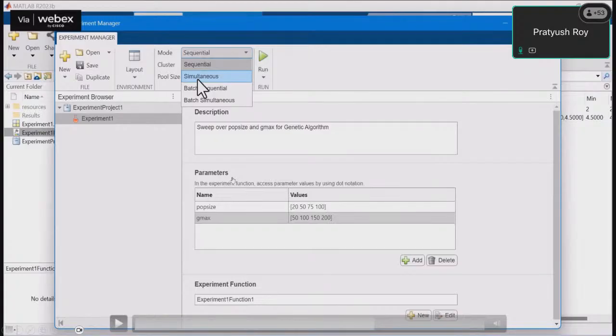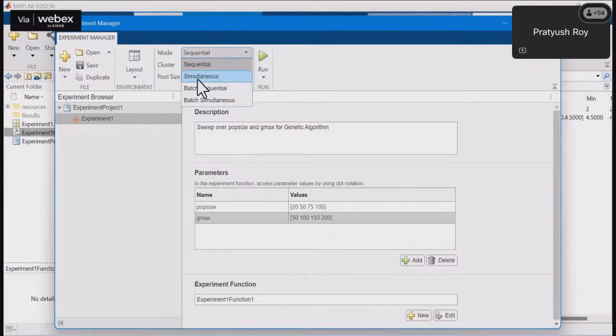If it's sequential, then when I'm executing iteration number 1, iteration number 2 will not be executed. So it will complete iteration 1, then go to iteration 2, complete, go to iteration 3, and so on. So you cannot take the advantage of parallel computation of your system if you are going for sequential mode of execution. But if you are using simultaneous mode of execution, then that can be executed in parallel.